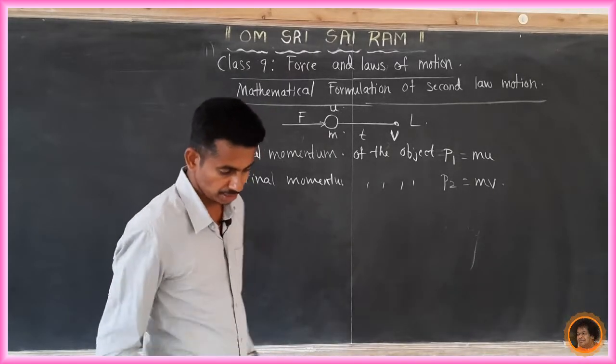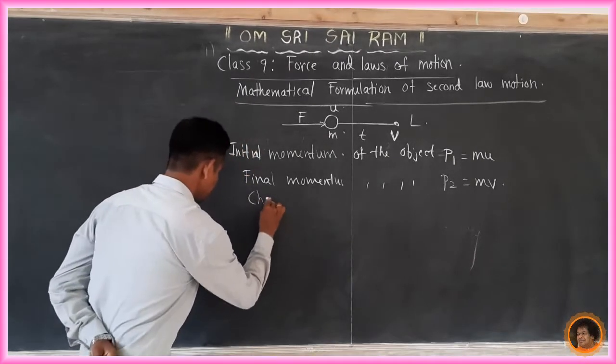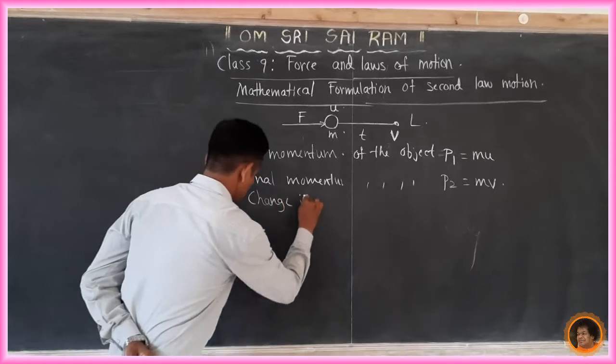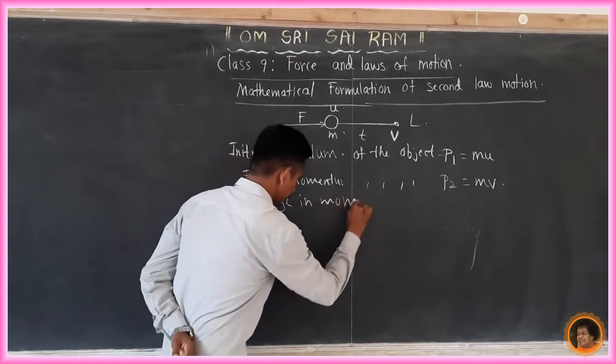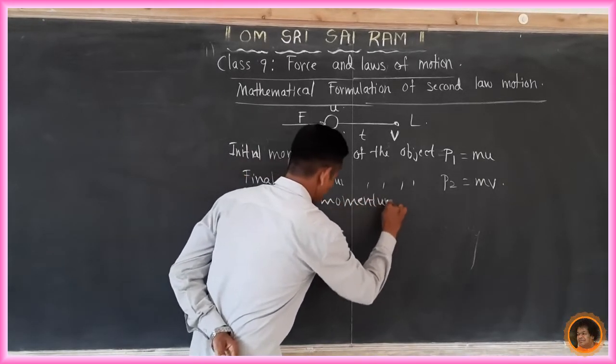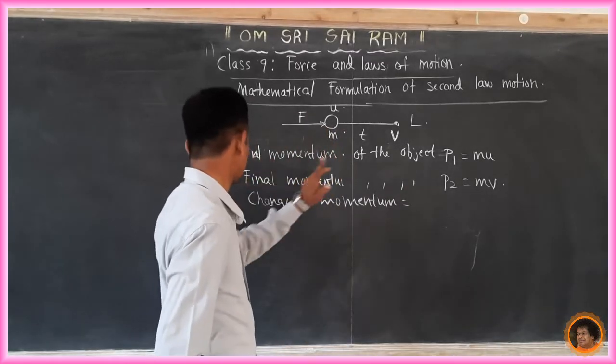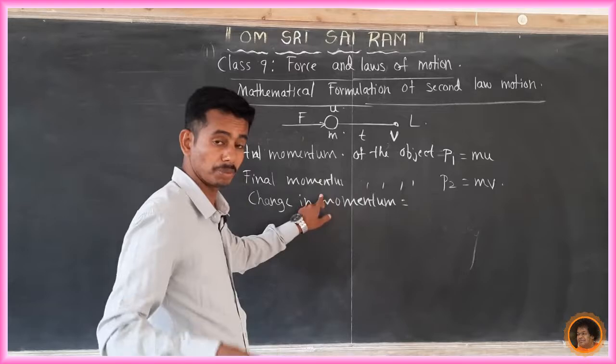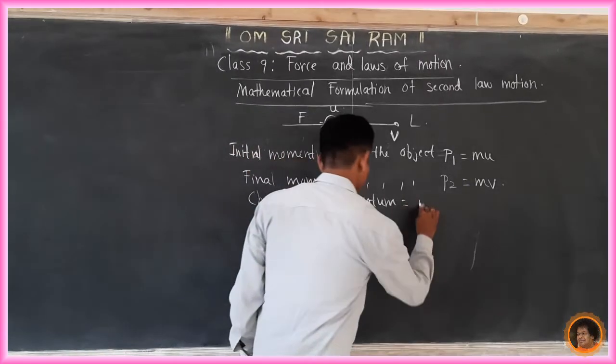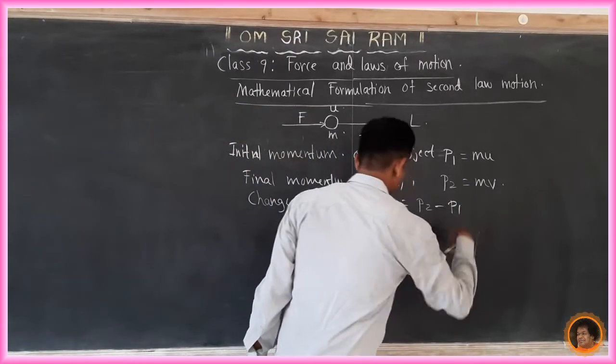Now change in momentum. Change in momentum means subtracting the initial momentum from the final momentum, that is p2 minus p1.